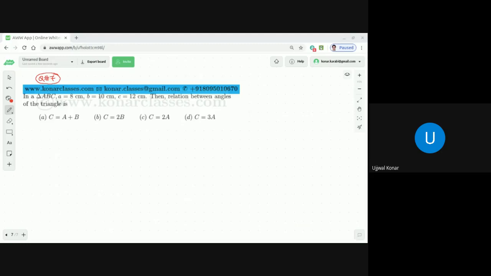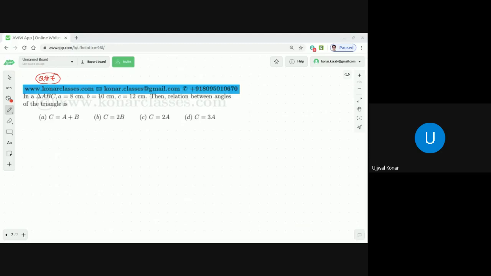To approach this kind of question, we need to find the relationship between the angles and what is given to us, the sides. So what comes to my mind, dear students, is, can we apply the formula related to cosine?